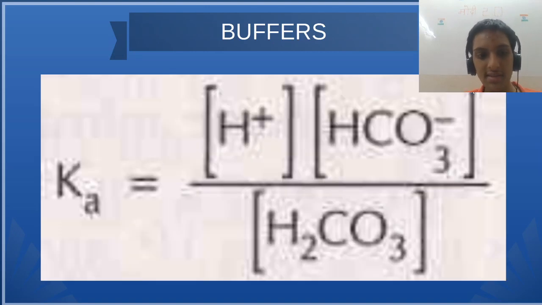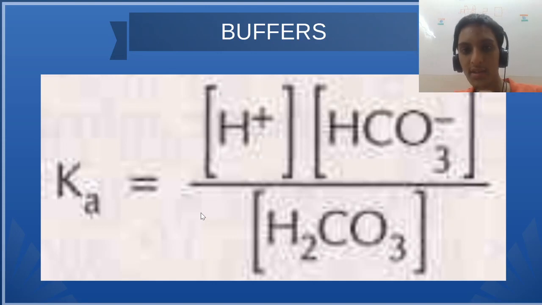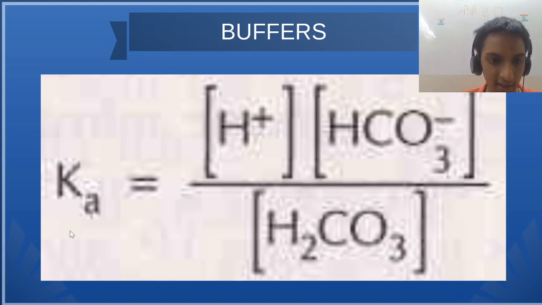This is based on the law of mass action I told you in the beginning. We apply that statement to the bicarb buffer: Ka is equal to H plus into bicarbonate ion by carbonic acid. This is the dissociated products, and this is the undissociated reactant.